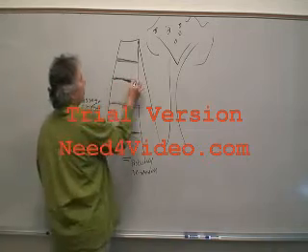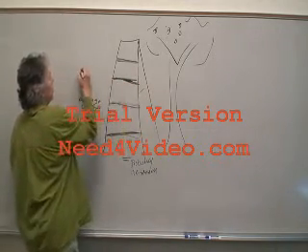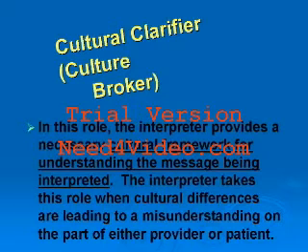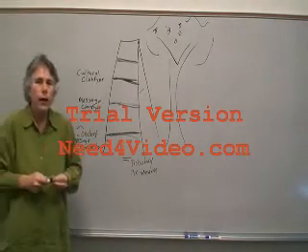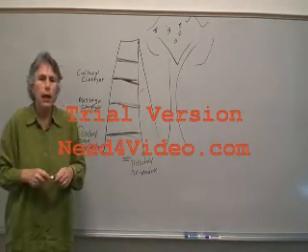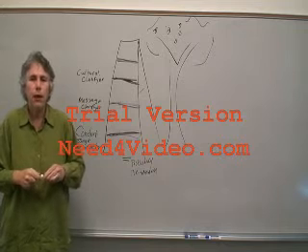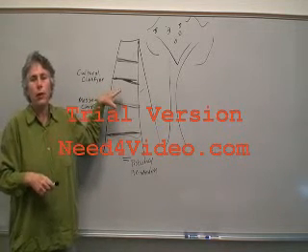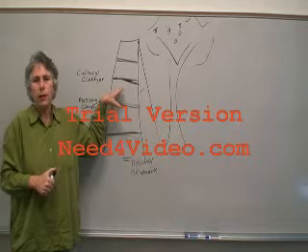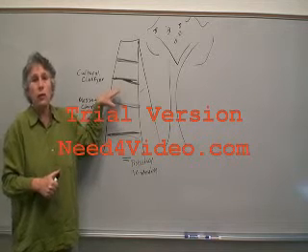Up here, the third rung is the cultural clarifier. And at the cultural clarifier level, you need to have a very in-depth understanding of the cultures involved between your client or your patient and the healthcare system, which is also a culture.